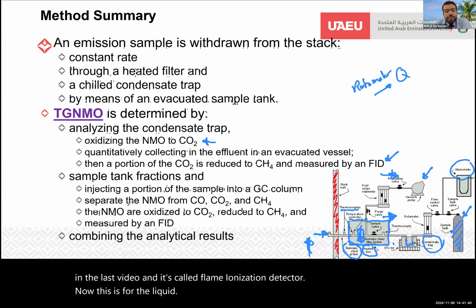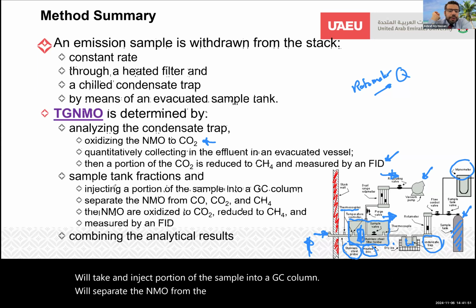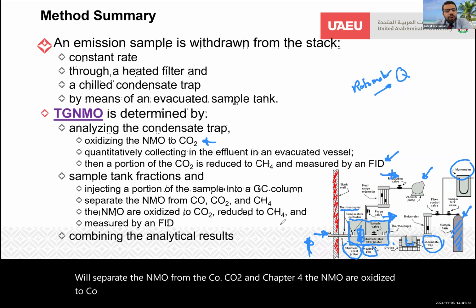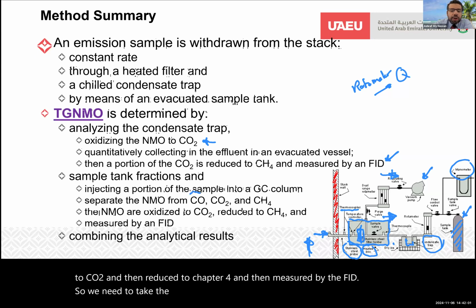For the gas, we will take and inject a portion of the sample into a GC column. We'll separate the NMO from the CO, CO2, and CH4. The NMO are oxidized to CO2 and then reduced to CH4 and then measured by the FID. So we need to take the carbon that doesn't belong here, which is carbon monoxide, carbon dioxide, and methane.